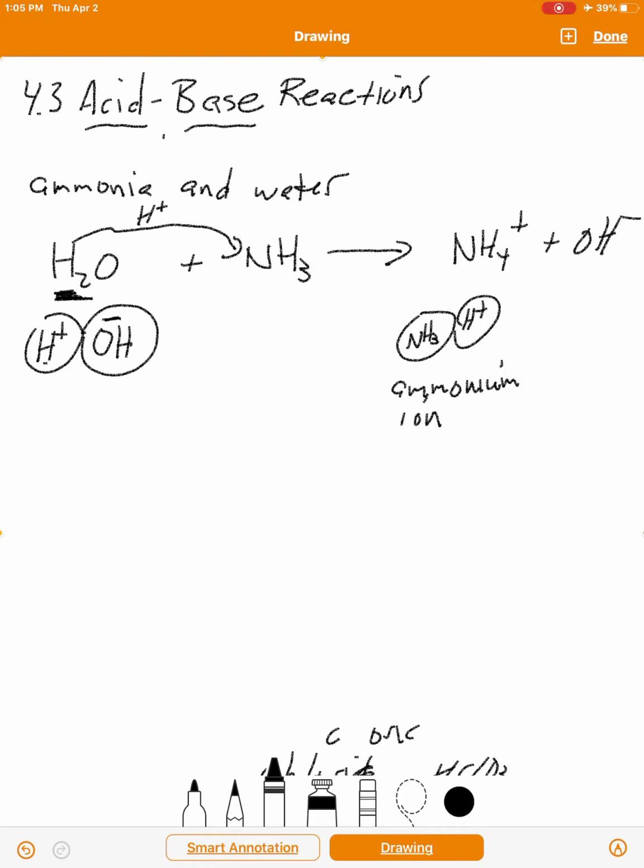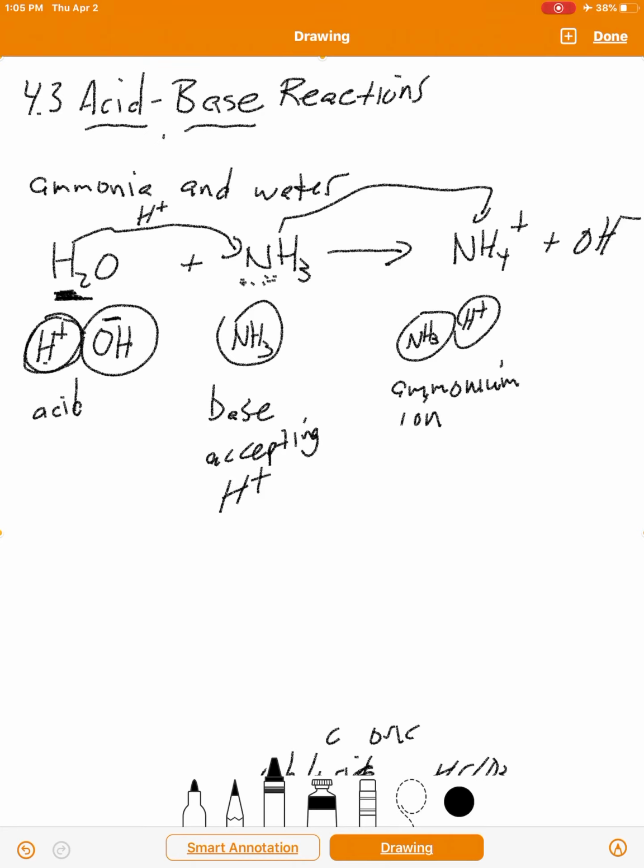So what's happened here? The water has donated this H+ to the ammonia, right? So now the ammonia has that extra H+. It's become the ammonium ion. So it's reacted to form this. So this one would be the base because it's accepting the H+.